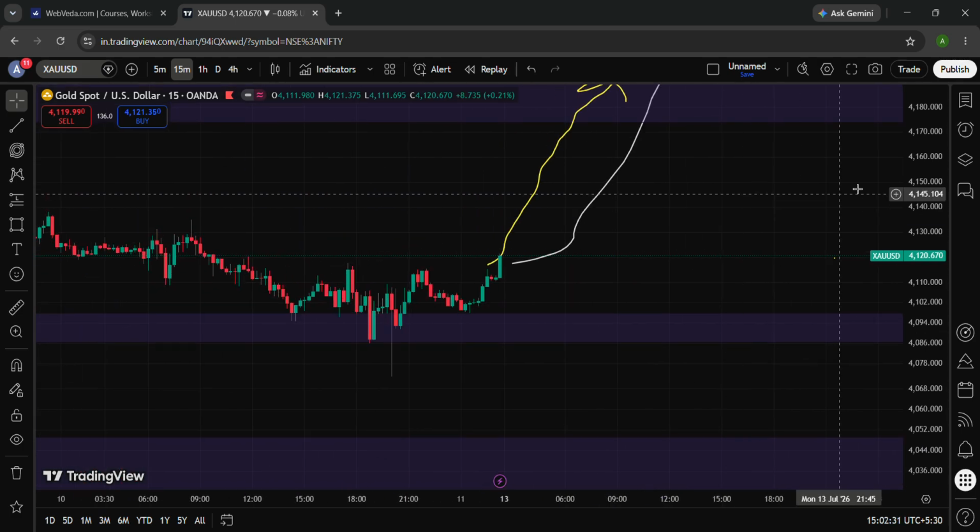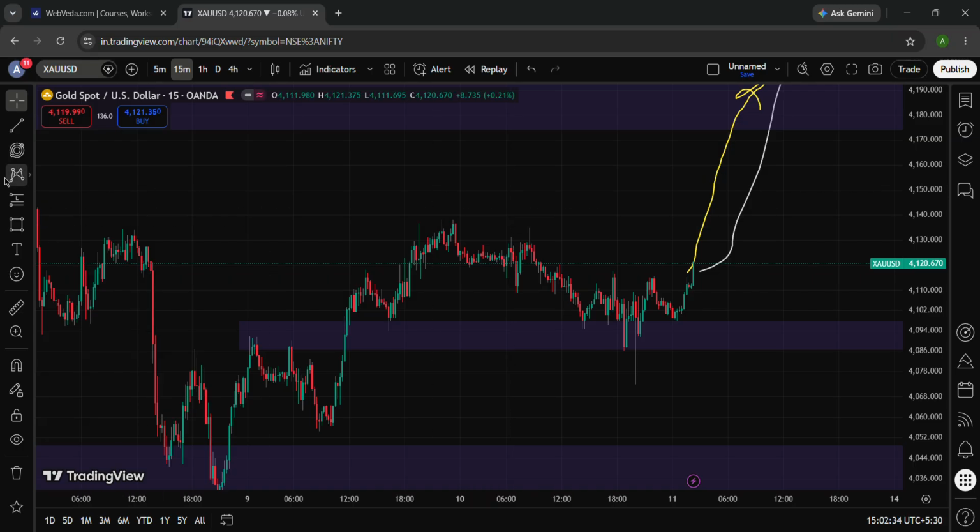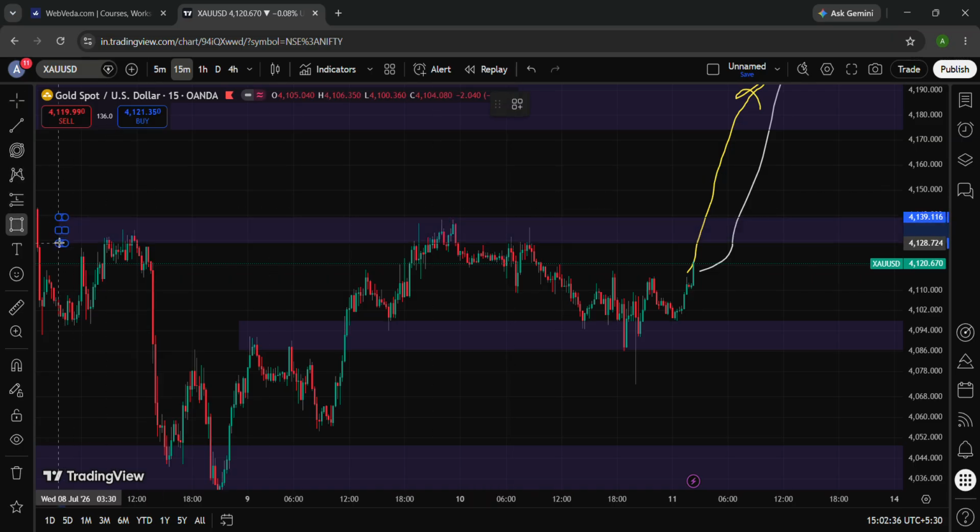In the 15-minute chart also, I have seen that this is a strong resistance zone.